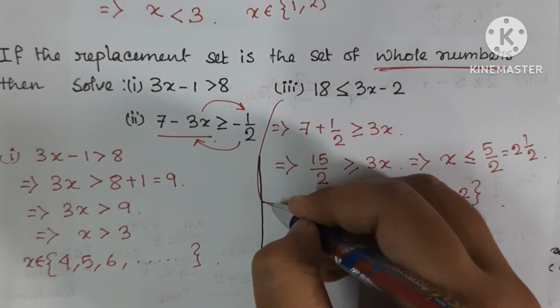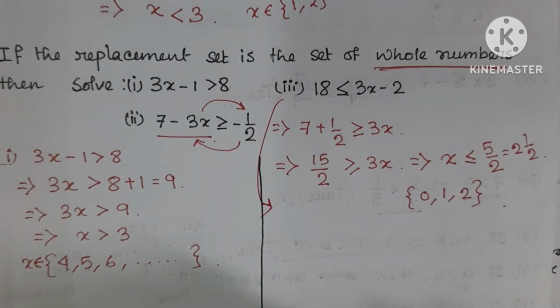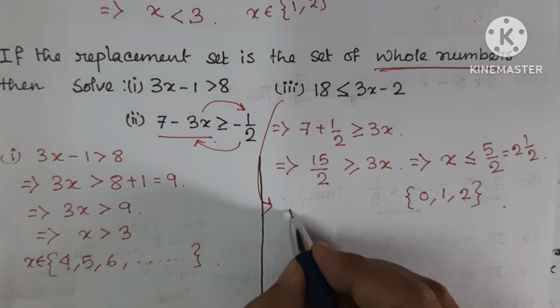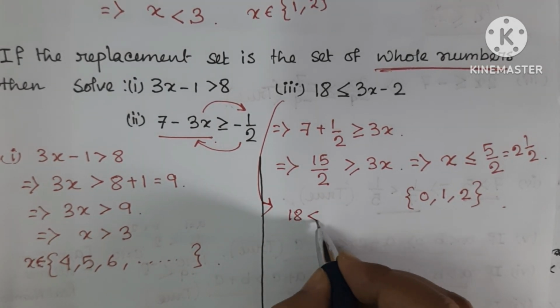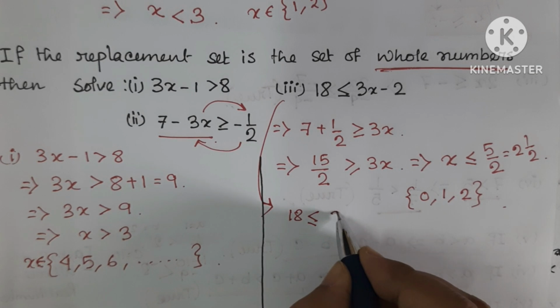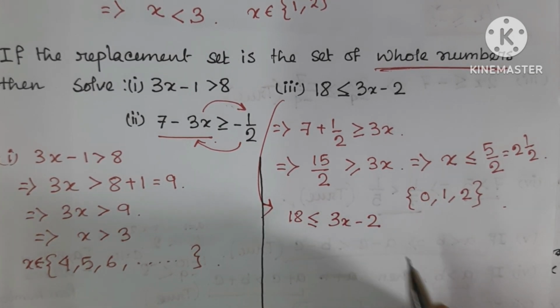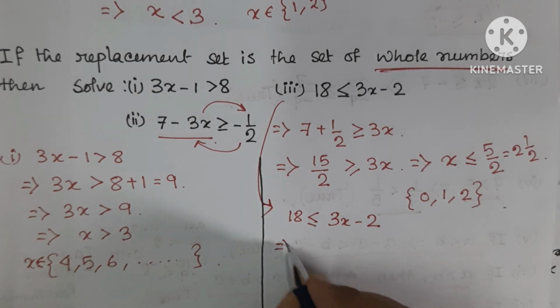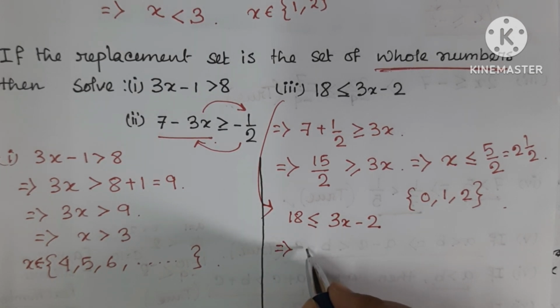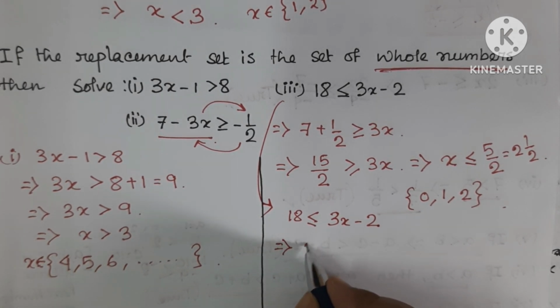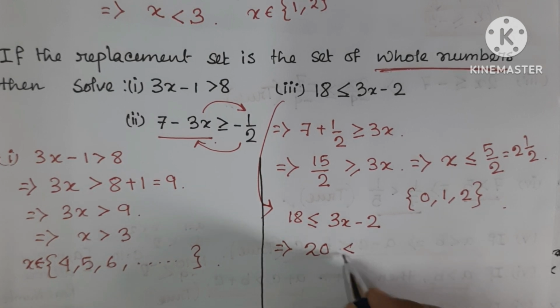Now this one, the last one: 18 is less than or equal to 3x minus 2. So what will happen? 18 plus 2, that will be 20, less than or equal to 3x.